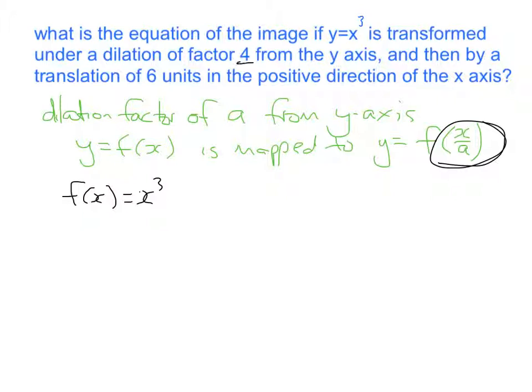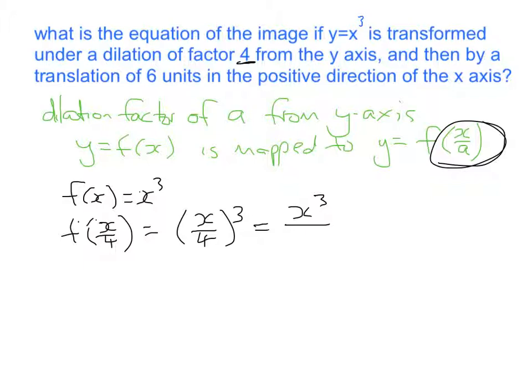We've got a factor of 4, so we need to do this as a function of x over 4, which will be equal to x over 4 cubed, which equals x cubed over 4 cubed, which is 64. Okay, so that is how we apply the dilation factor.